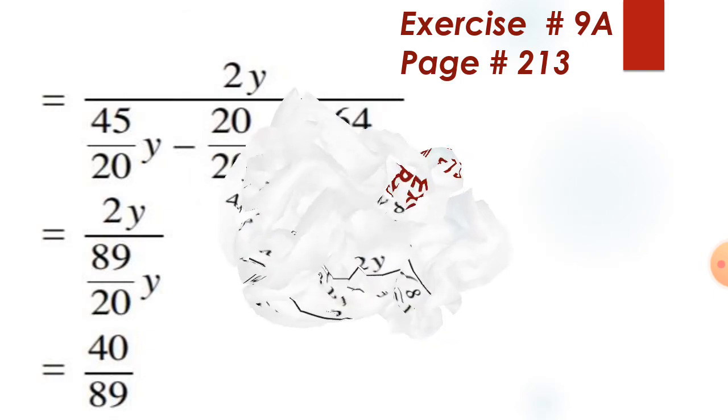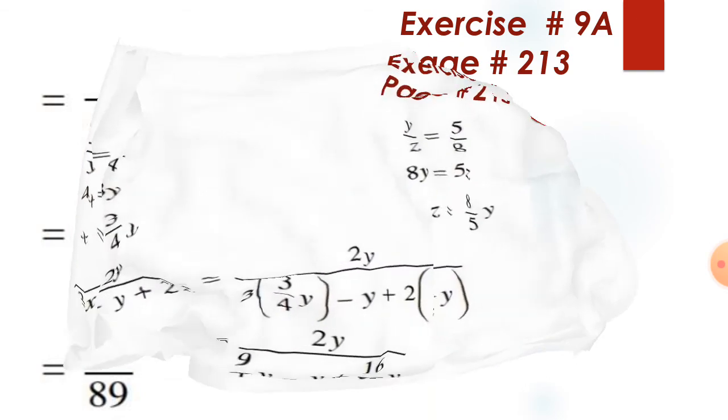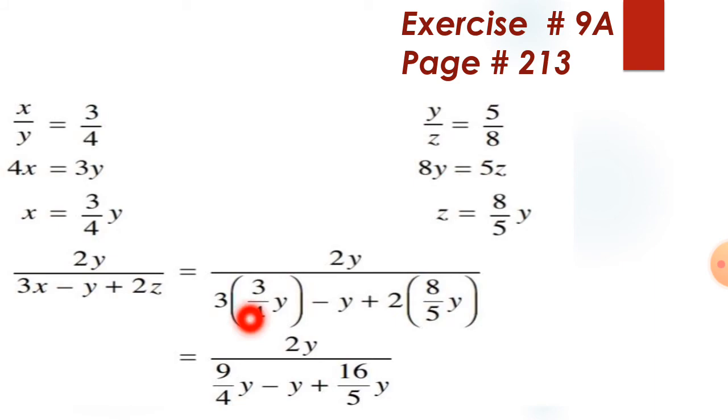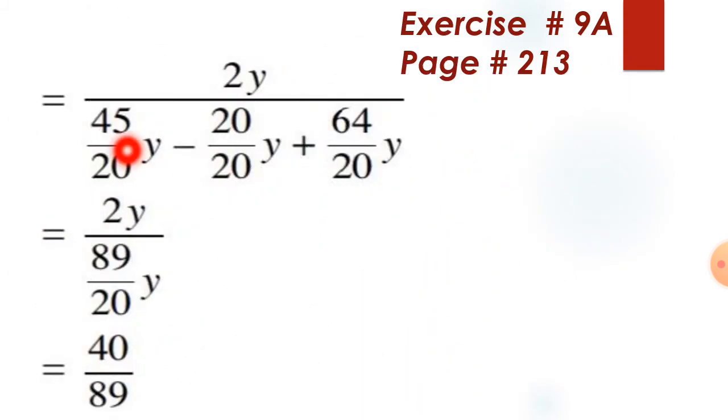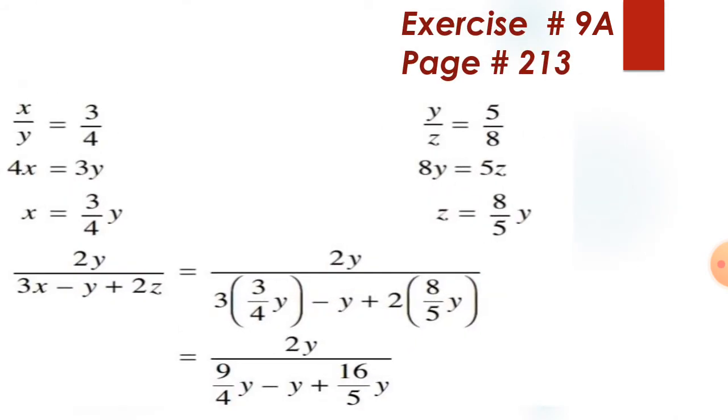Furthermore, it is done by the LCM. Since we have denominators 4 and 5, we take the LCM of them, which will be 20. So 20 is going to be multiplied by each of them, and you will get 45 in the numerator over here, 20 over here, and 64 over here. I will repeat it for those students who have not understood.